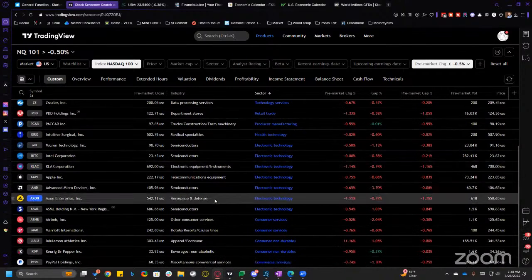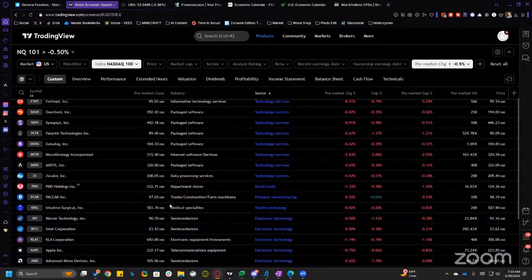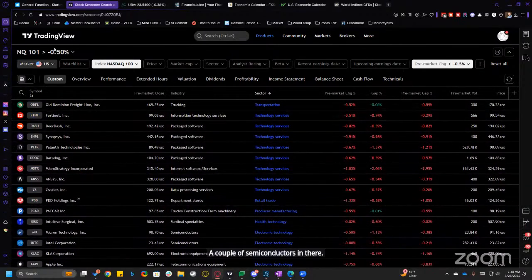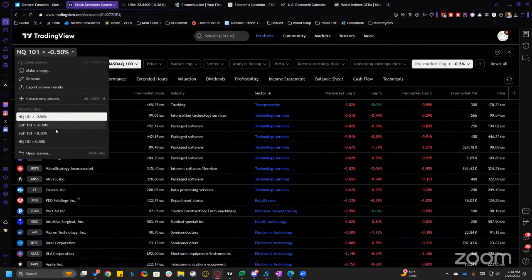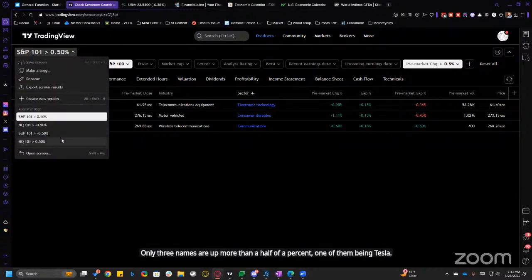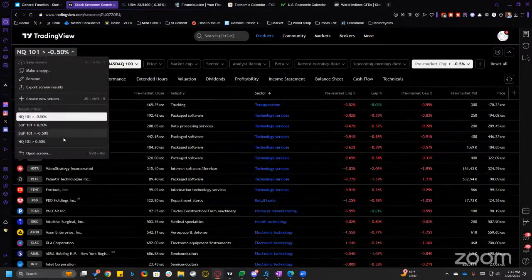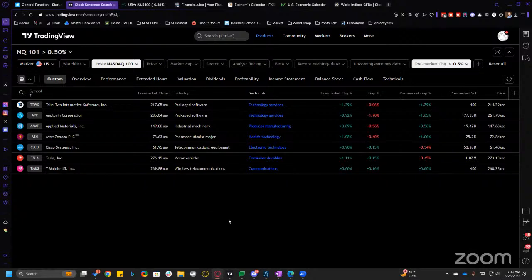Couple of semiconductors in there. Only 3 names are up more than 0.5%, one of them being Tesla. And 7 names in the NASDAQ are up 0.5%, with one of those being Tesla.